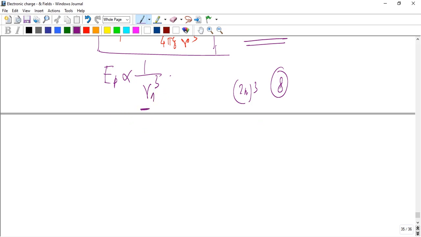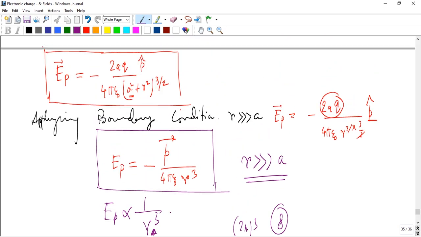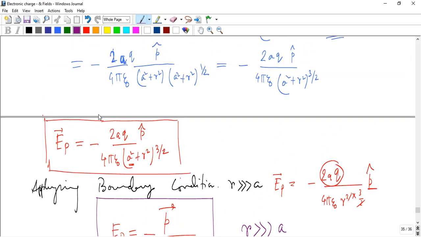If r is increasing, the field falls as r cube, to the power 3. That's the relation. So the magnitude of the dipole field depends not only on the distance r, but also on the angle with the vector p.